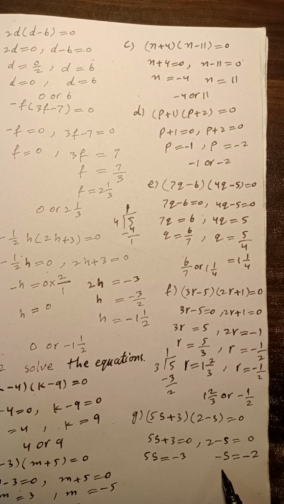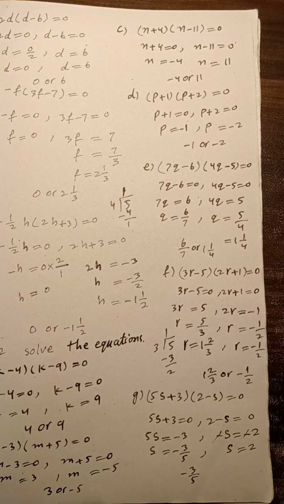Minus and minus will cancel out, and s is equal to 2 here. But from here s will remain and 5 is being multiplied, so it will be divided on the other side, so 3 will be divided by 5. This is our answer, and you will write minus 3 over 5 or 2 is our answer.